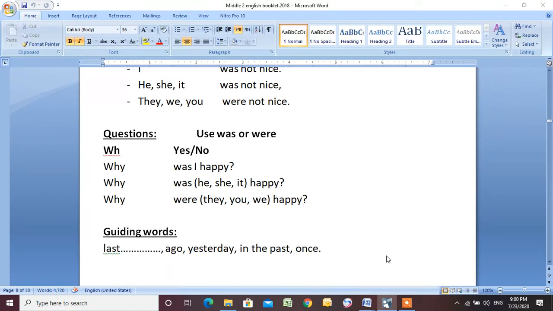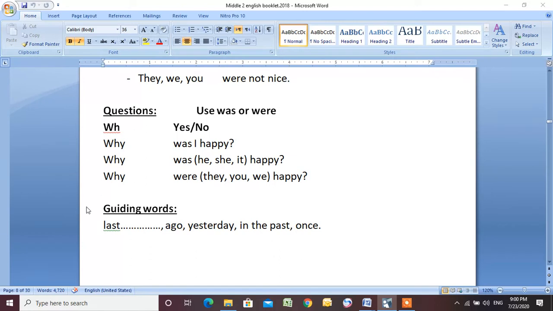What are the guiding words for the past simple tense? Let's remember them together. Last, any word like last week, last month, last year. Ago, we put it at the end of the sentence. 3 years ago, 2 months ago. Yesterday, we can put it at the beginning or at the end of the sentence.